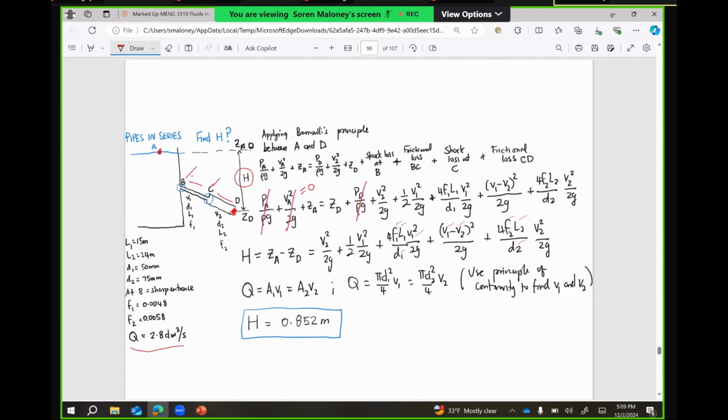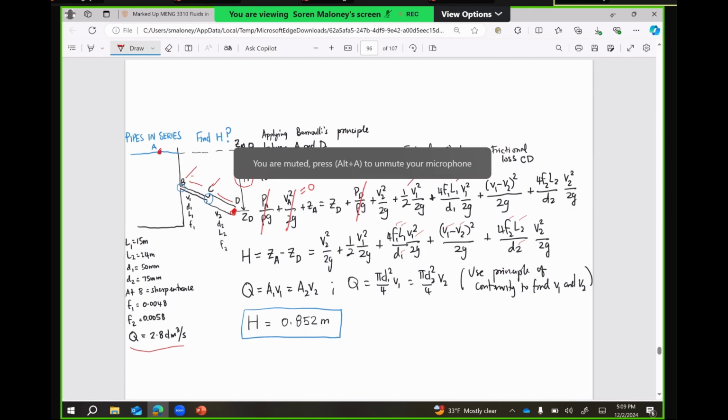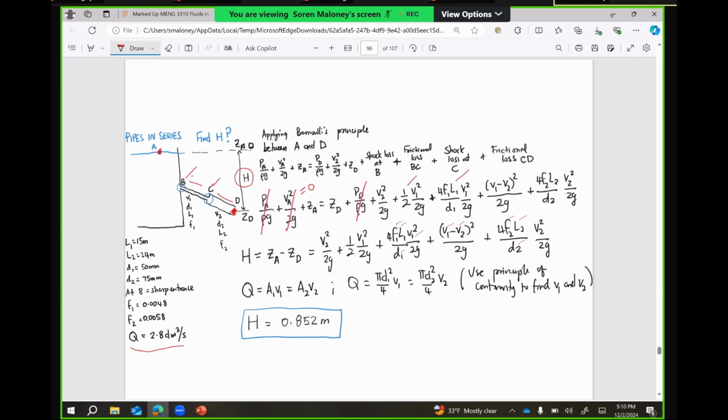So now I can add this, my shock loss at B right here. Then I have my shock loss at C. That's the frictional loss, the 4FL over D. Then I have another shock loss, and then another frictional loss.